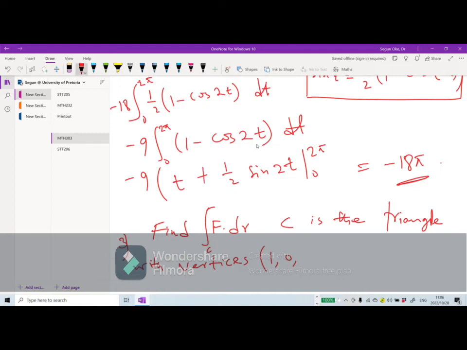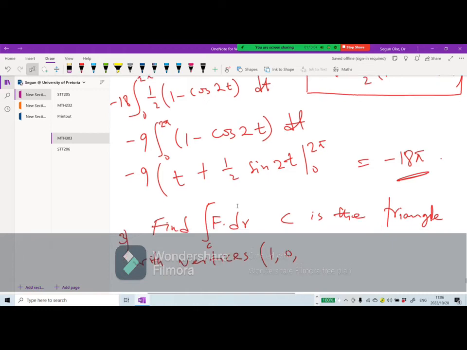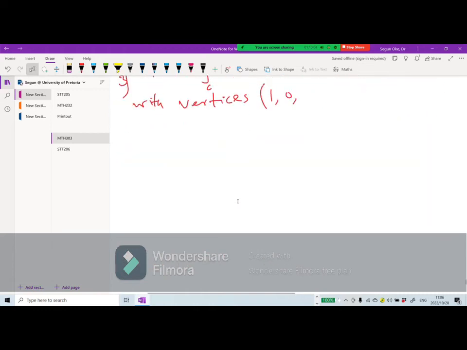Plus, thank you. That's why I said go and solve it. All you need to do is substitute your pi and your 2 pi. And don't forget, the sine side will be 0. Then you have minus 18 pi. That's it. Thank you.